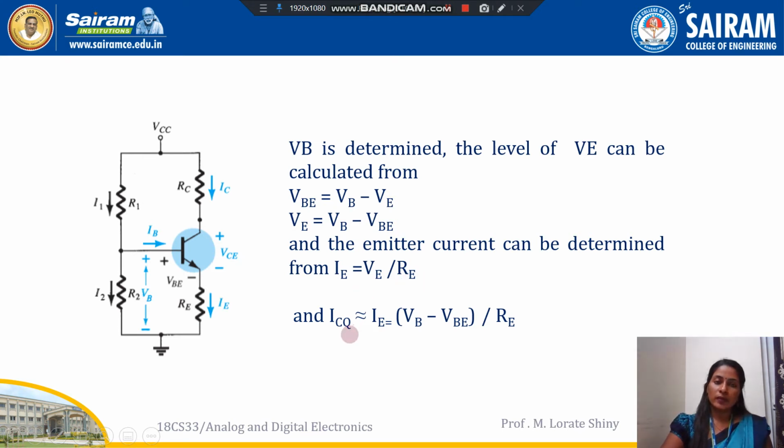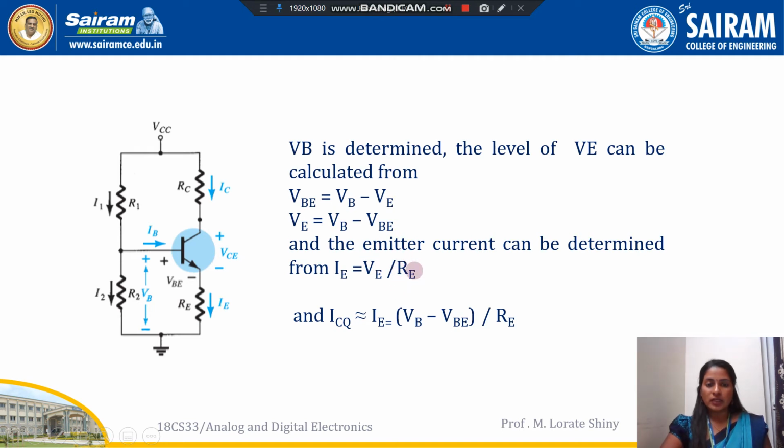Now we also know this formula: IC is approximately equal to IE. You can see here the current flowing through IC is the same current flowing through IE also. They are approximately equal. So we can equate IE is equal to IC. IE we have already found: IE is equal to VE by RE.